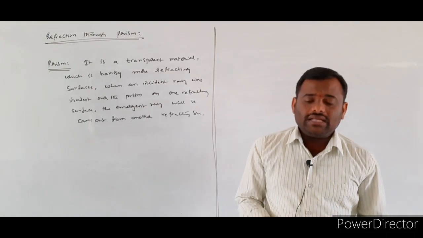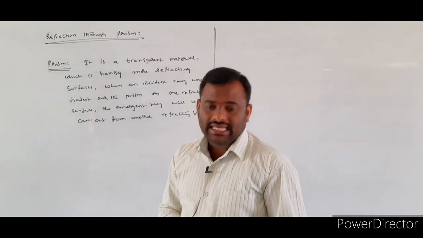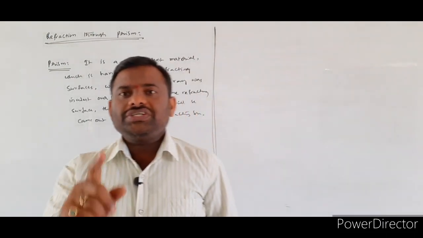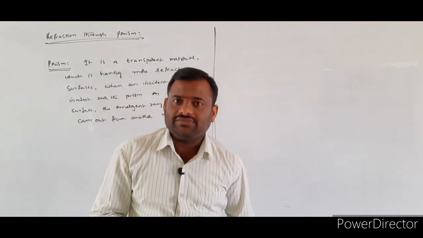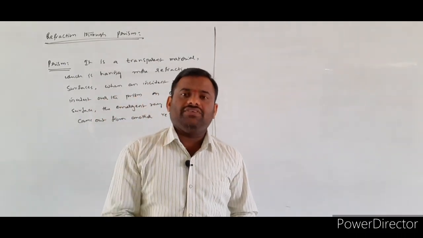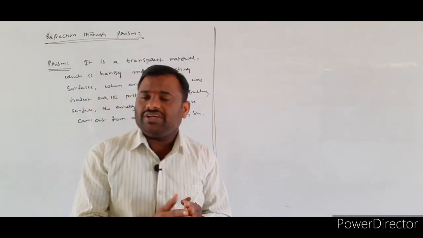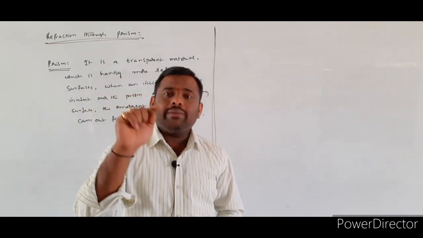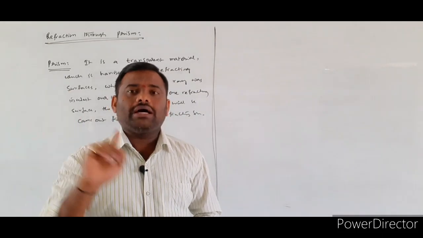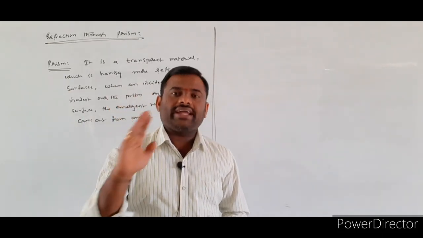Once again, see the definition of the prism. Prism is nothing but a transparent material which has more than one refracting surface. Whenever a light ray is incident over a given refracting surface of a prism, the emergent ray comes out from the prism from another refracting surface.